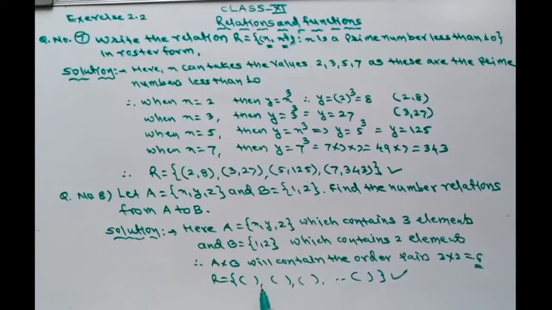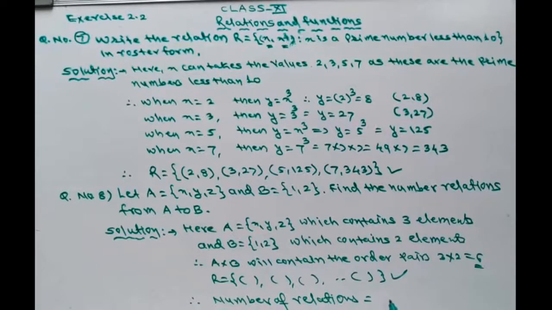So if there are total 6 elements, subsets will be, therefore number of relations. We know that if there are m elements in the set, then the total subsets are 2 raised to the power m. Here are 6 elements in this relation, so total number of subsets equals to the total number of relations.